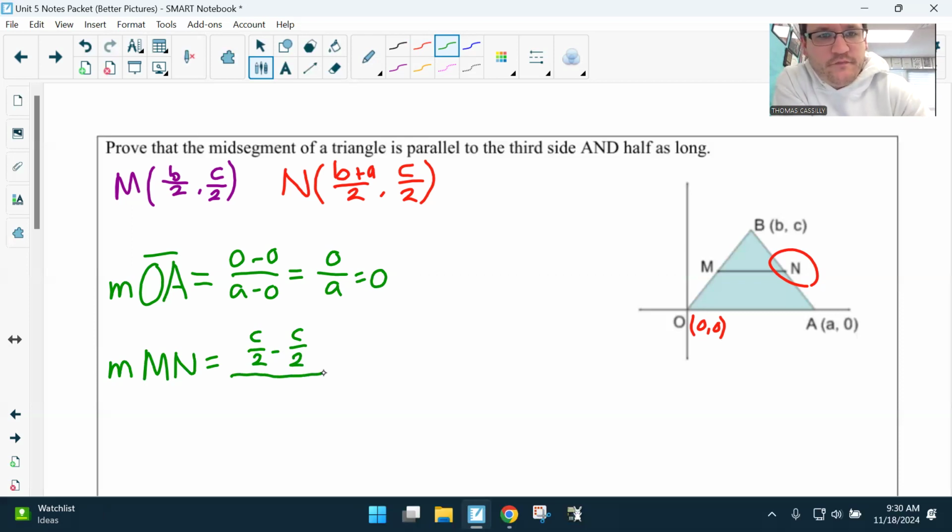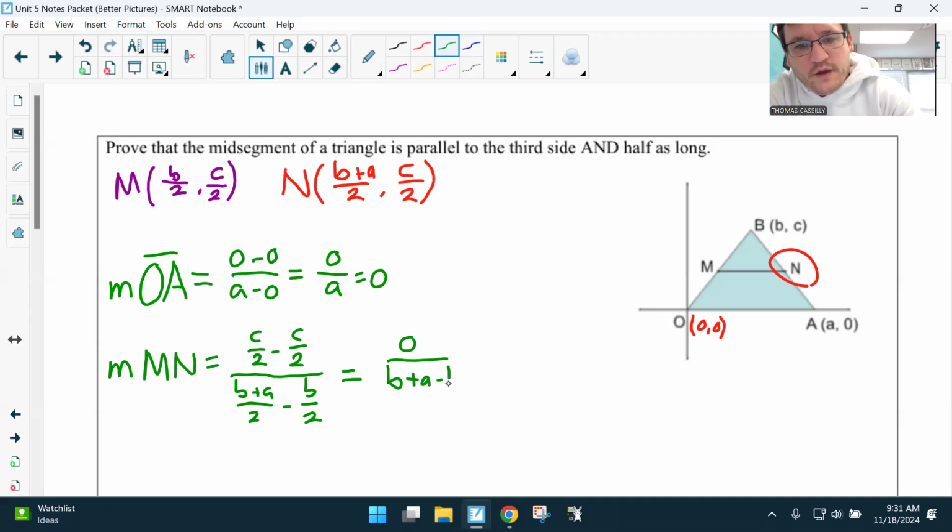Divided by B plus A over 2 minus B over 2. All right. So that ends up being 0 on the top. And we have B plus A minus B all over 2.